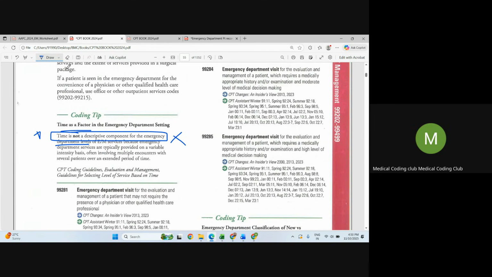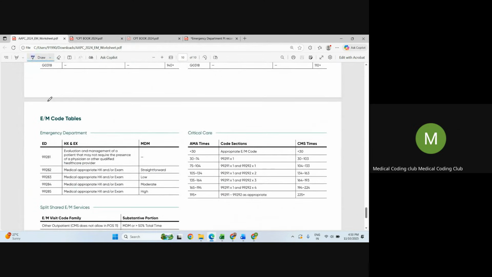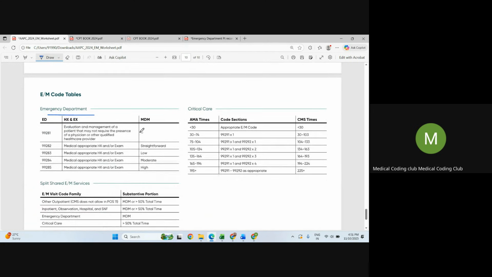So now let's see the code set. Here you can see emergency department codes based on MDM alone. 99281 you will assign when the service was rendered by a nurse practitioner. Any mid-level provider giving the service, then you can give 99281.